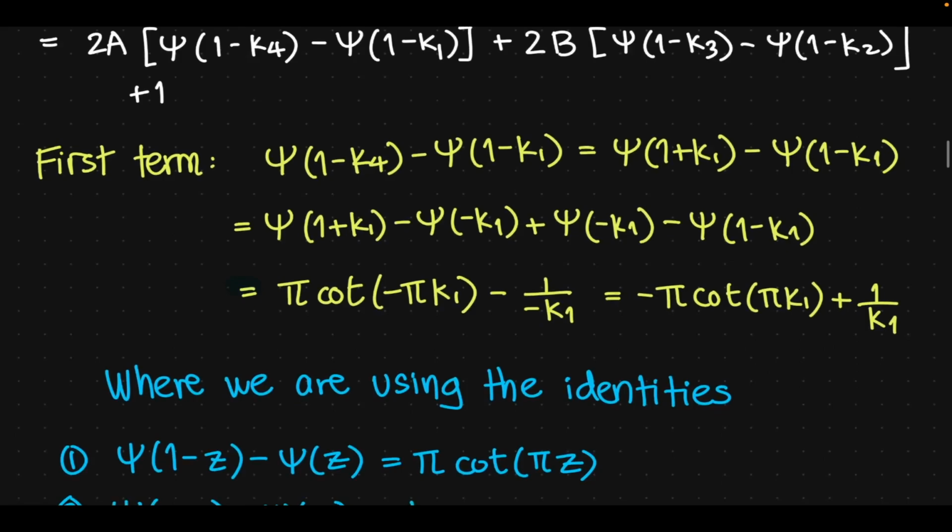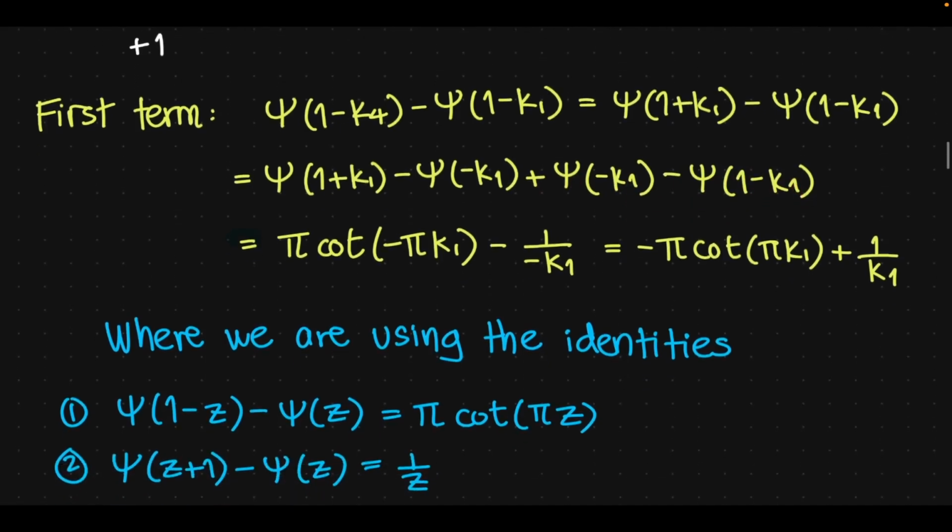We can use the first reflection formula on the digamma: digamma 1 minus z minus digamma z equals pi cotangent pi z. In our case, z is just negative k1. So that gives us pi cotangent of minus pi k1 from this first part. And we're also adding the digamma of minus k1 minus digamma of 1 minus k1.